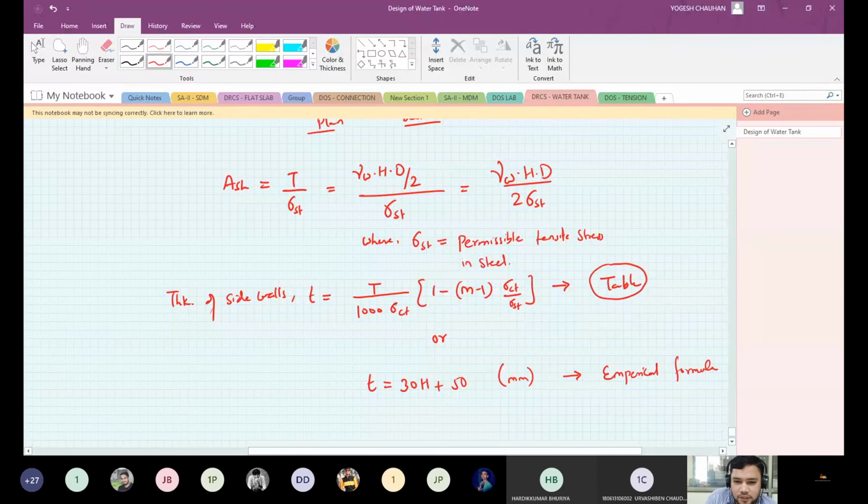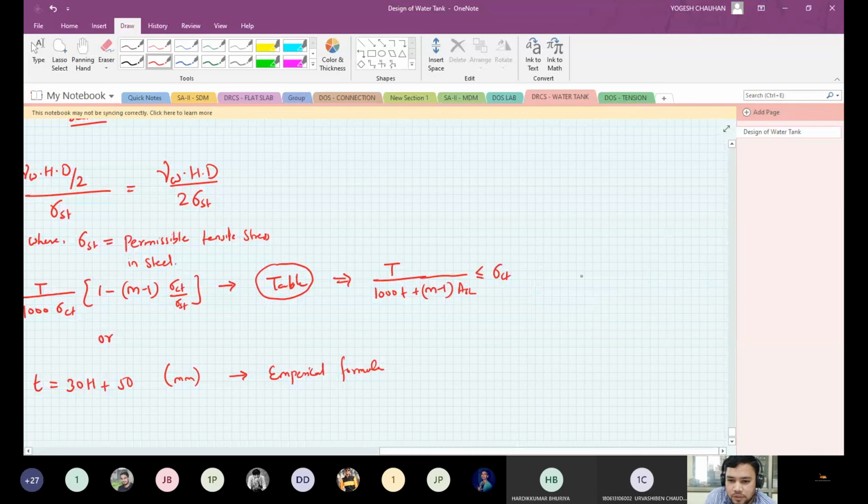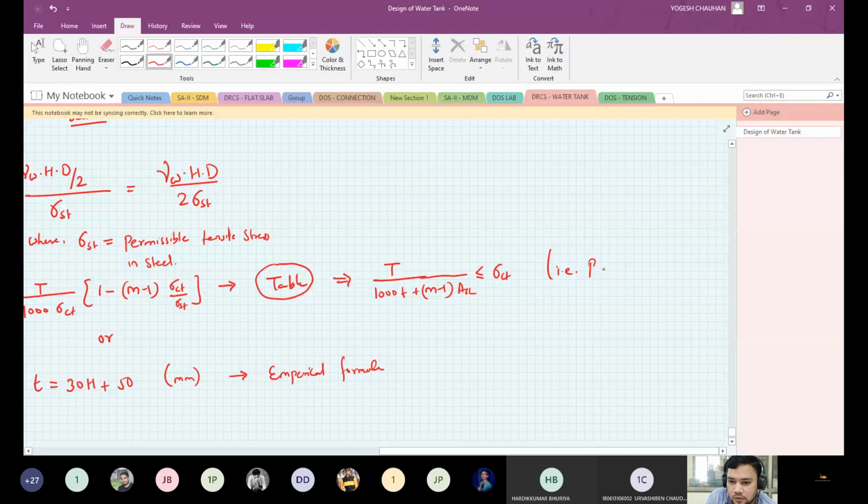And another, which we have actually derived, if you remember: tension divided by 1000 T plus m minus 1 times ASH should be less than or equal to sigma CT, where sigma CT is the permissible stress in concrete due to direct tension.